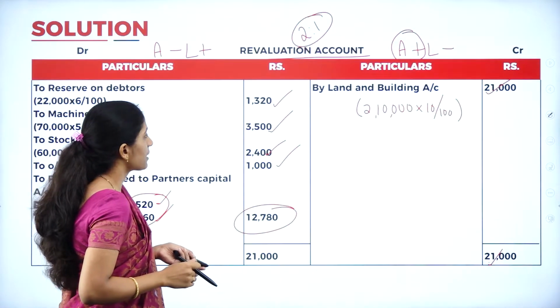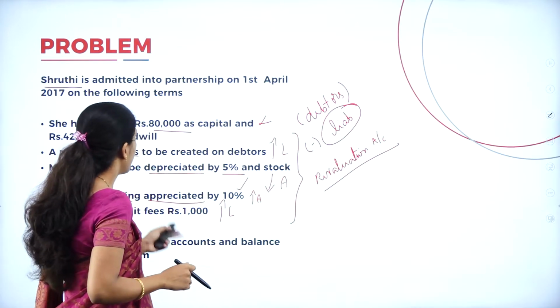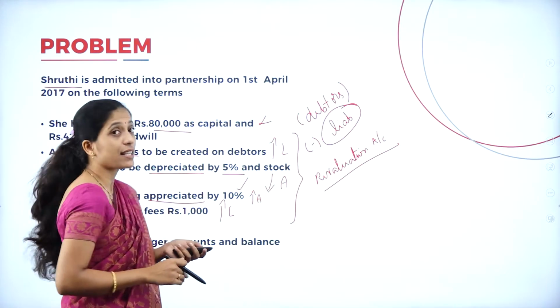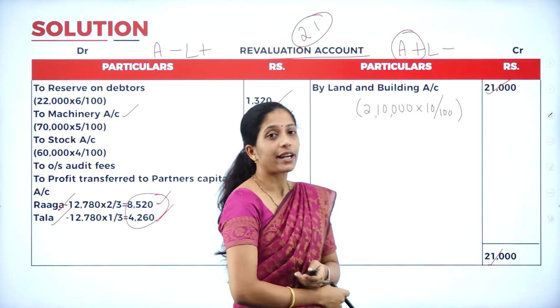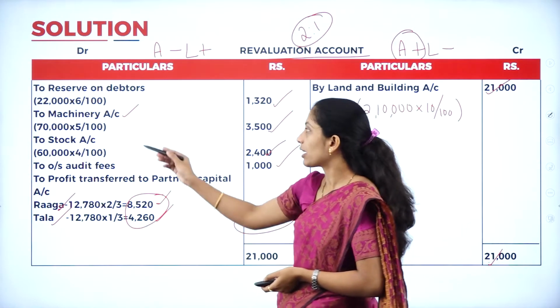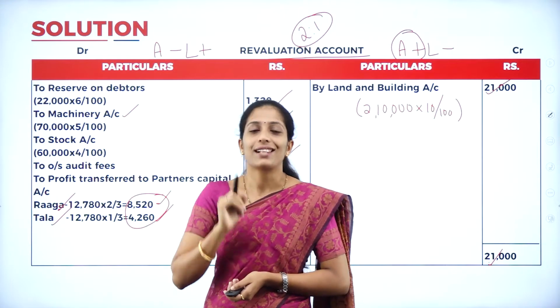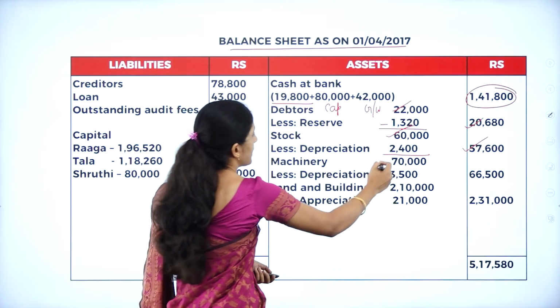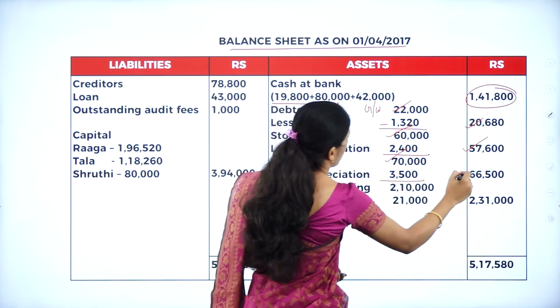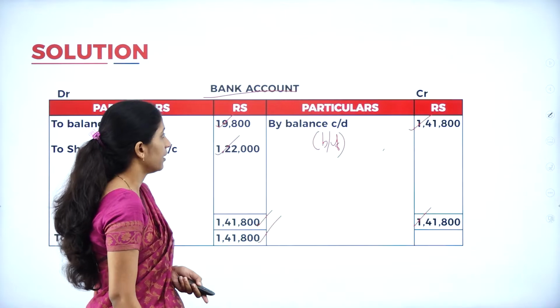And the next one is machinery 70,000. Let us see whether there is any adjustment. Yes, there is a depreciation on machinery at 5%, and we had already recorded it in the revaluation account. Machinery depreciation is 3,500. So deduct that depreciation. Machinery 70,000 less depreciation 3,500, you will get 66,500.